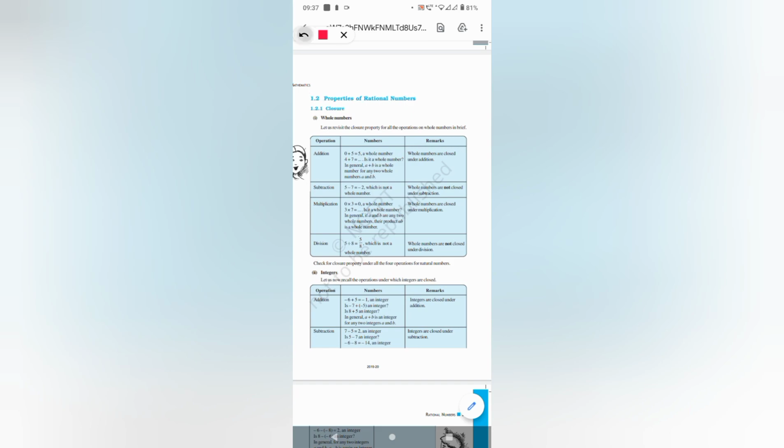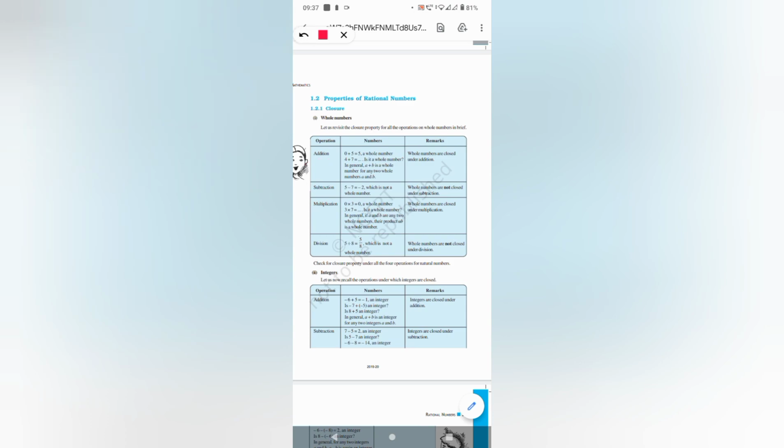As we know, there are operations such as addition, subtraction, multiplication and division. In whole numbers, when we add 0 plus 5, it gives 5, which is a whole number. So whole numbers are closed under addition. But when we subtract, like 5 minus 7 is equal to minus 2, which is not a whole number. So whole numbers are not closed under subtraction.